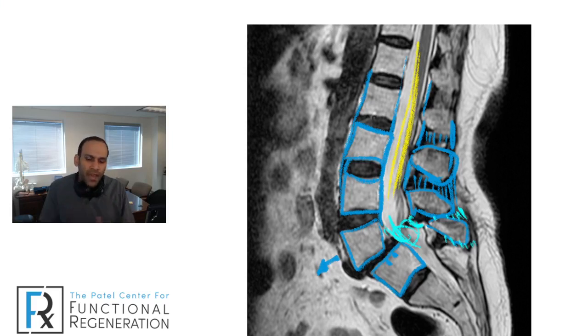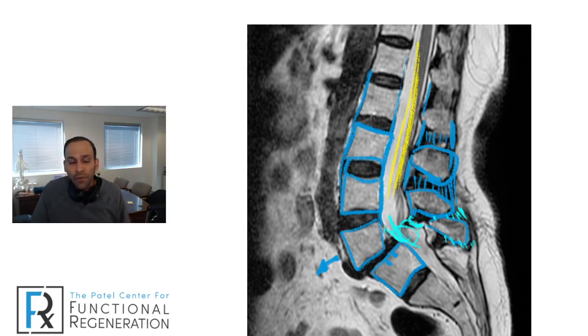Why does this play a factor in spondylolisthesis? Well, the ligaments are what hold all of the spinal segments together. And if we naturally have a little bit of stretchiness to those ligaments, if we naturally have looser rubber bands holding all of these things together, then we have a possible predisposition towards that slippage occurring.